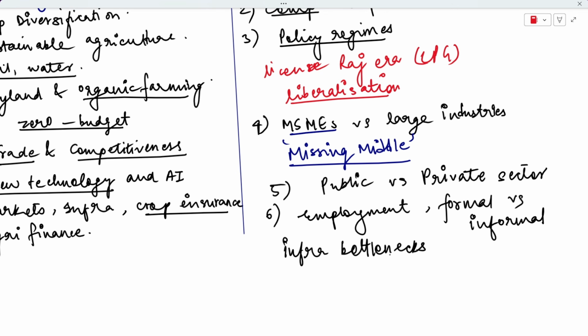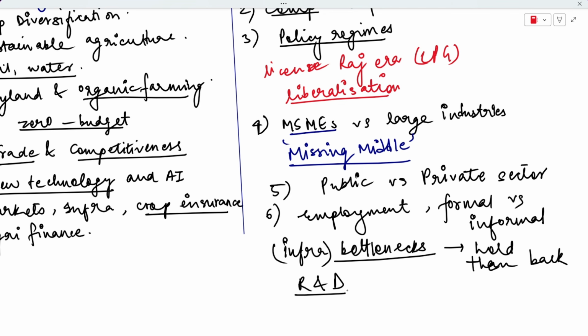This means how poor roads, power, and logistics affect industrial growth. How do they hold infrastructure back? These are the disturbances due to which infrastructure usually suffers. And then lastly, we're going to talk about research and development, like is India investing enough in innovation or not?